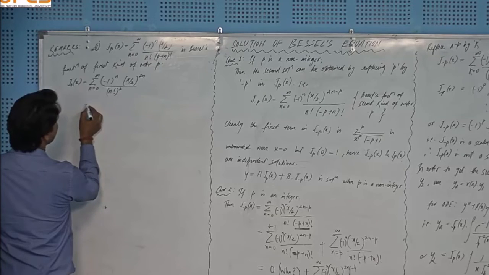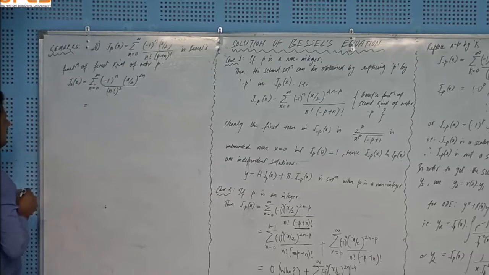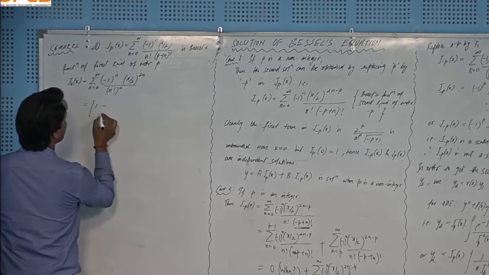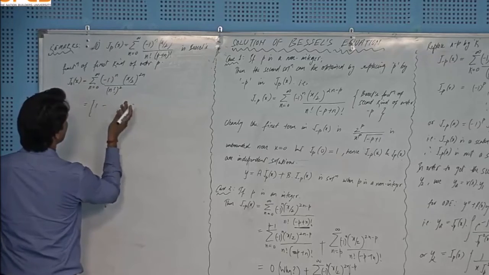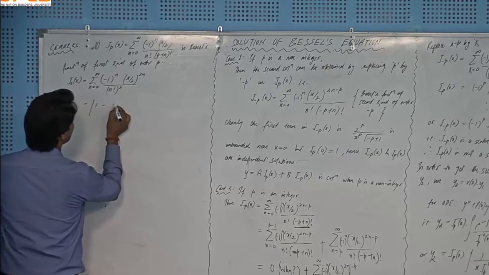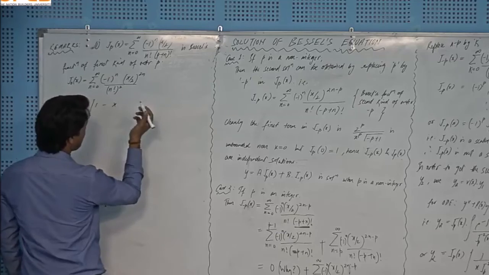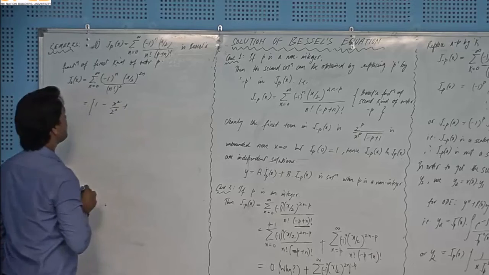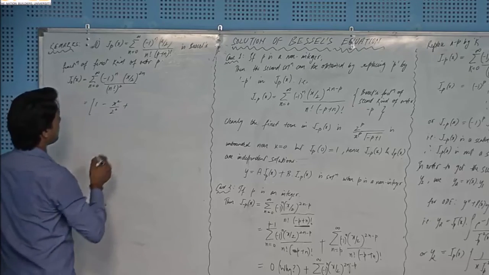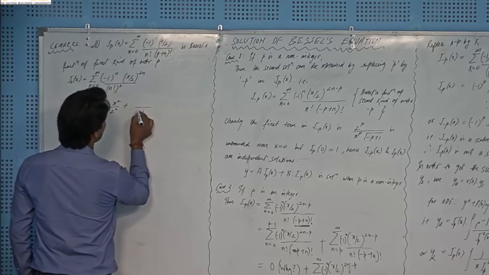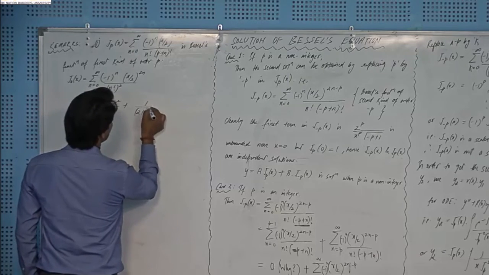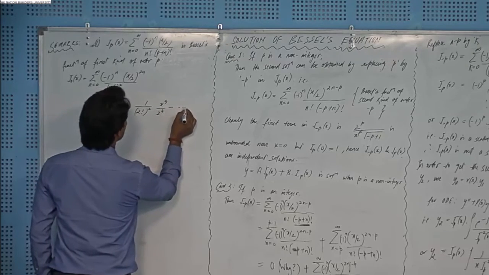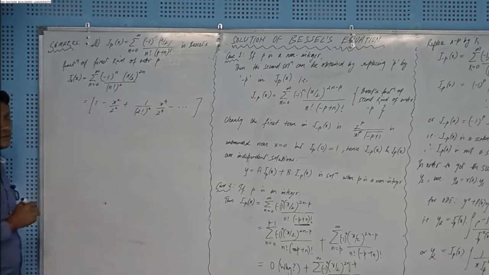If you put n equal to 0, the first term will be 1, the second term will be negative, and 1 over (1 factorial) whole square, times (x/2)^2, so x square by 2 square. If you put n equal to 2, that will become plus 1 over (2 factorial) whole square, and x to the power 4 over 2 to the power 4. So the series goes like this. So this is J0(x).